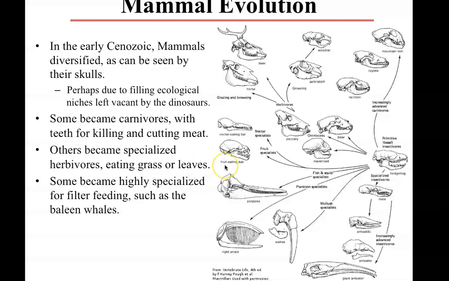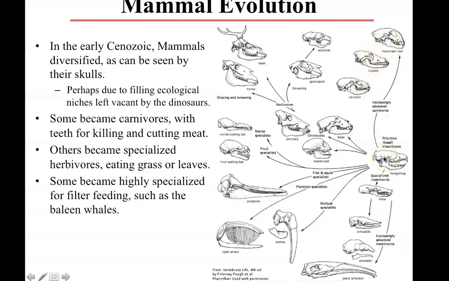All right, but leading up to that, how did the mammals evolve? Well, early on, it's thought that the first mammals, again, they were nocturnal and small, and maybe they were insectivores, meaning they ate insects. And so they kind of had this basic skull. And over time, this skull got modified in lots of different directions. So it became modified into the carnivorous skull that we see in raccoons and coyotes and mountain lions and cats.